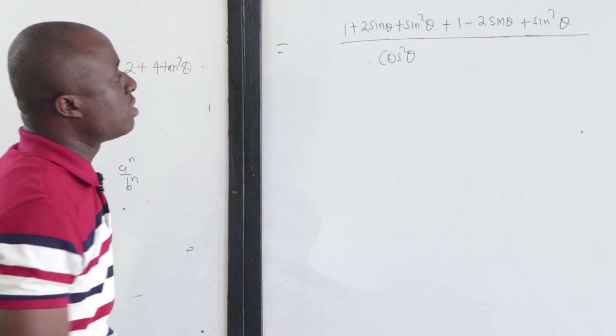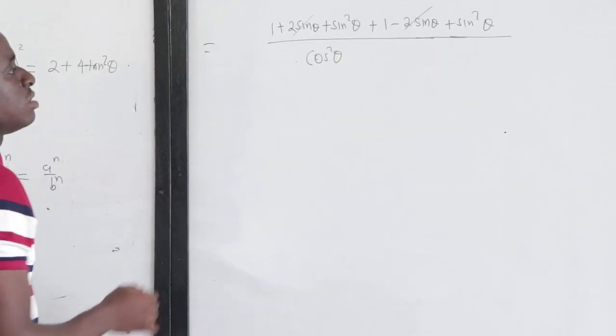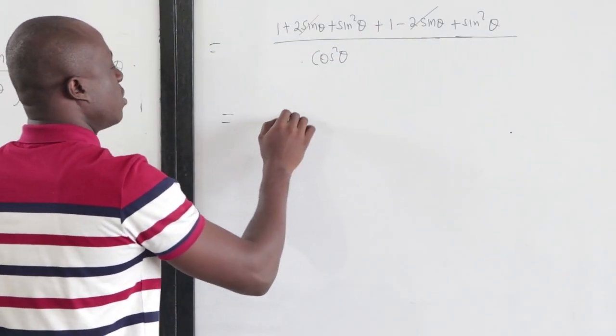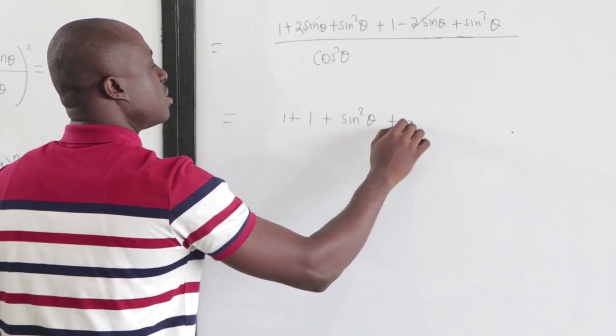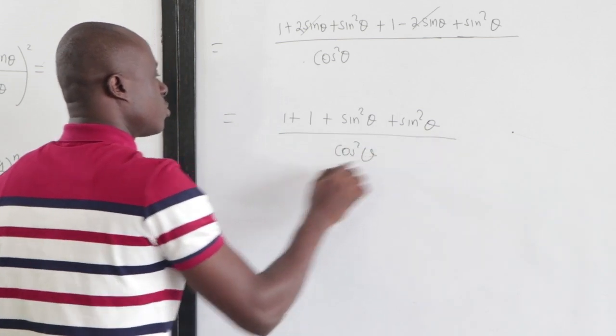Now clearly, what can we see? 2 sine theta is cancelling out this 2 sine theta. What do you have? 1 plus 1. So we have 1 plus 1 plus sine square theta plus sine square theta all over cos square theta.